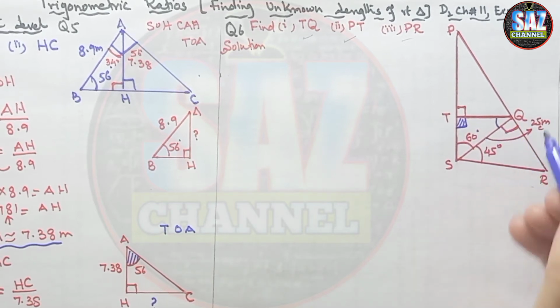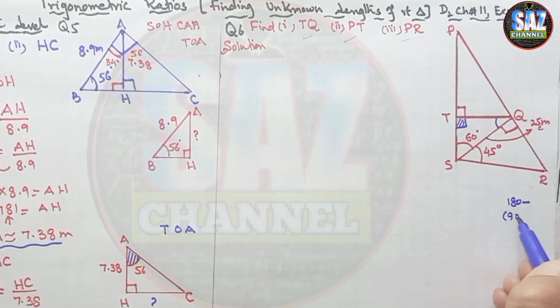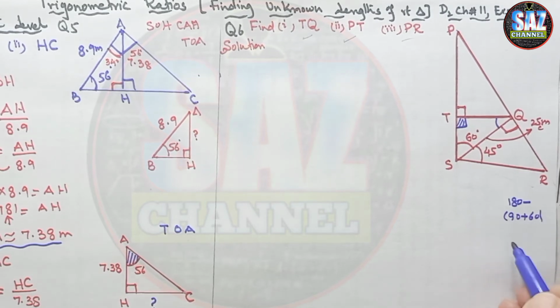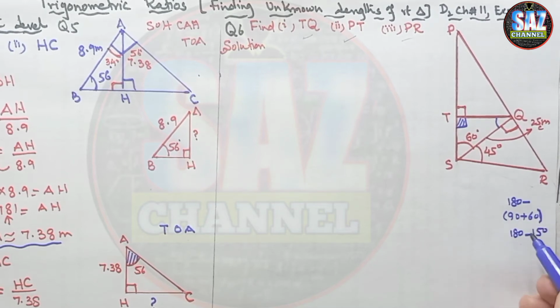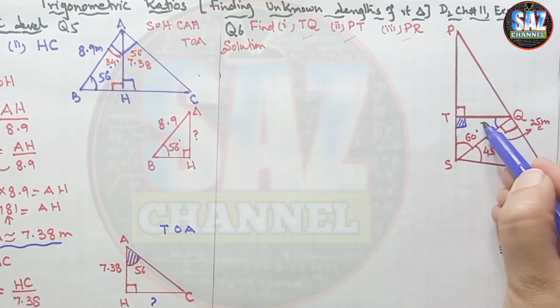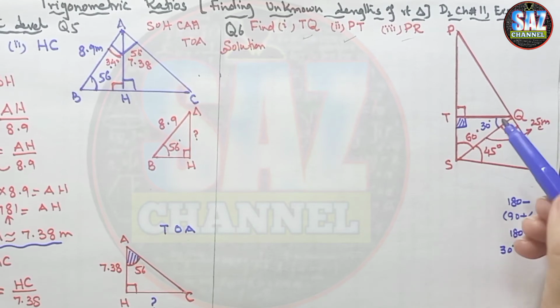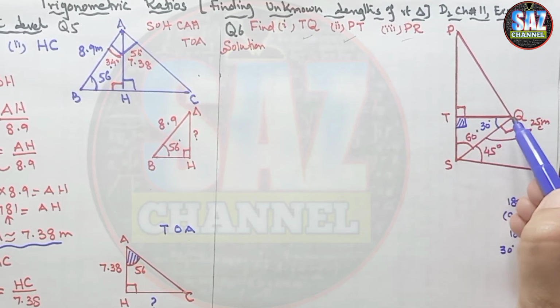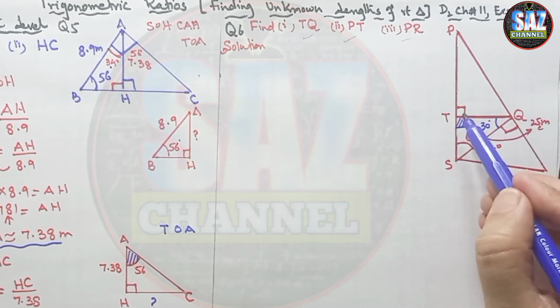To find this angle, I have to take away this sum from 180 degrees, 180 minus 150, which is equal to 30 degrees. We can make use of this angle as well. Now, in order to find the TQ length, we have to make use of the triangle QTS.